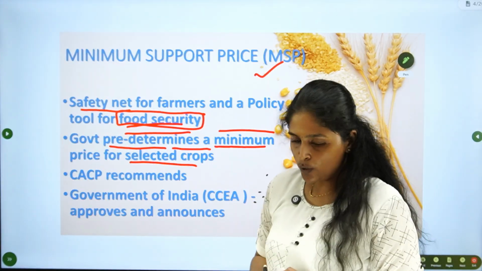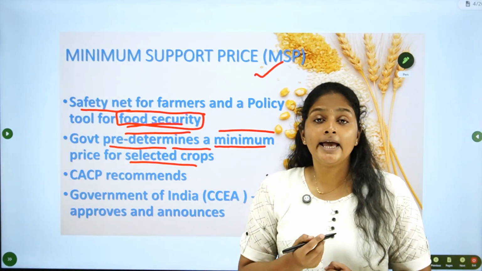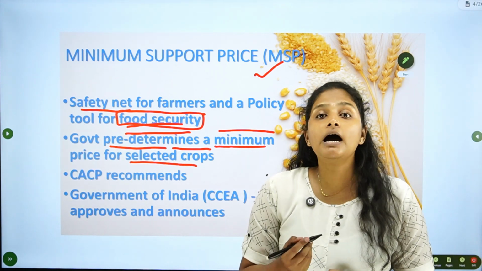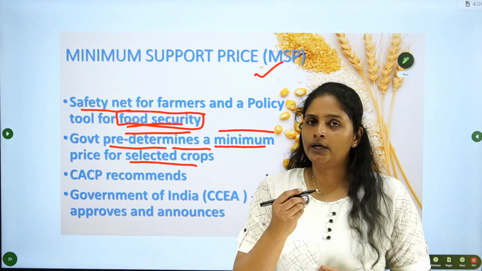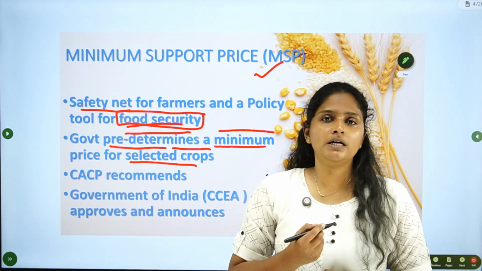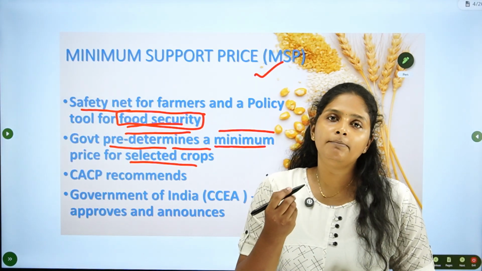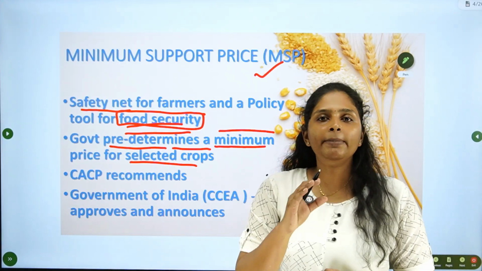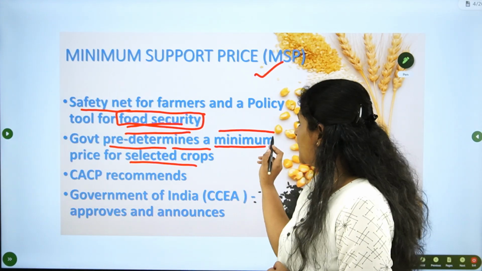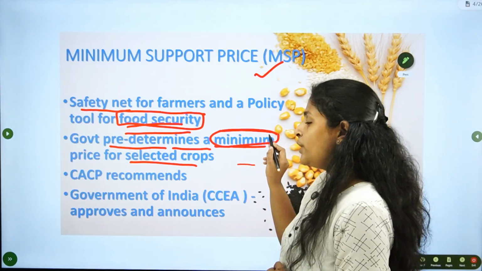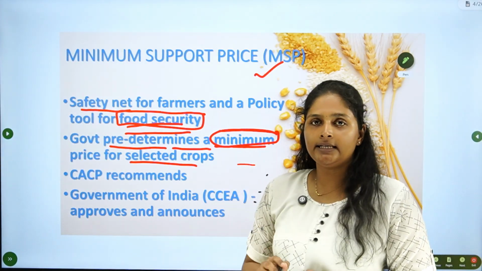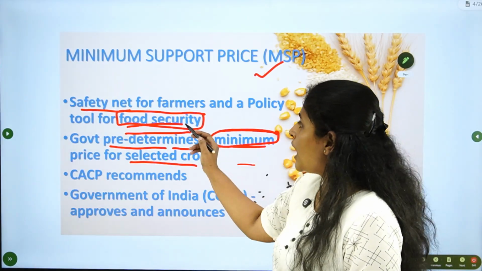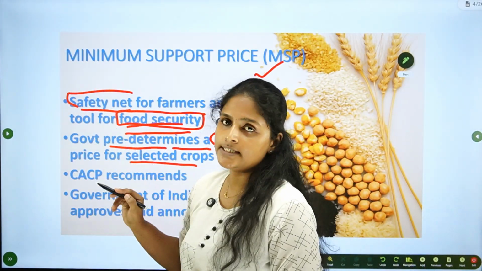And how is it a safety net for farmers? It acts as a safety net for farmer income. Whatever happens, however the weather goes, whatever the market volatility, you will be assured a minimum price. So, you are getting a minimum income at least. That is how it acts as a safety net.